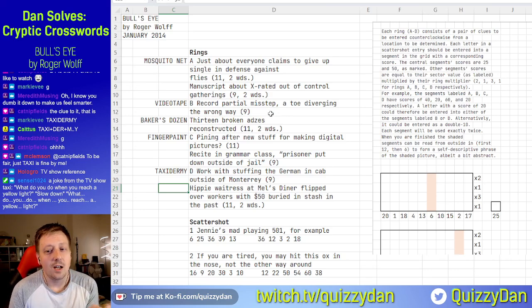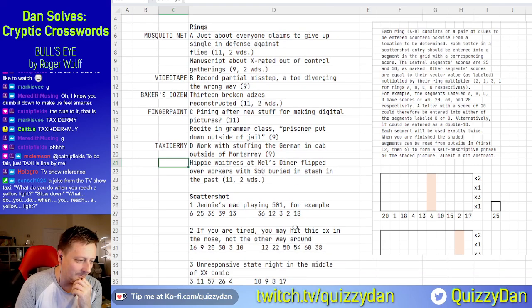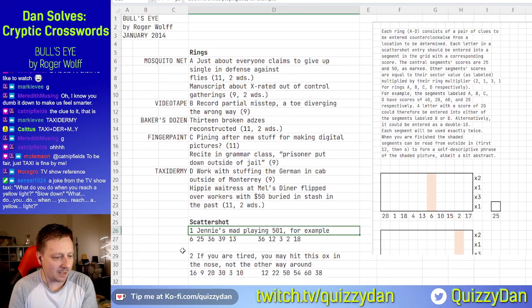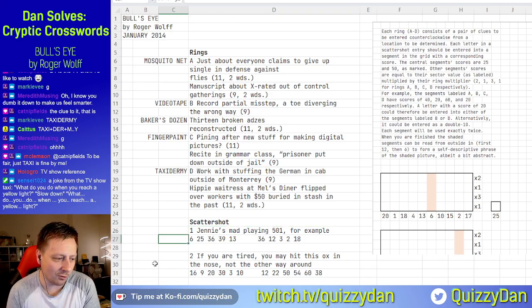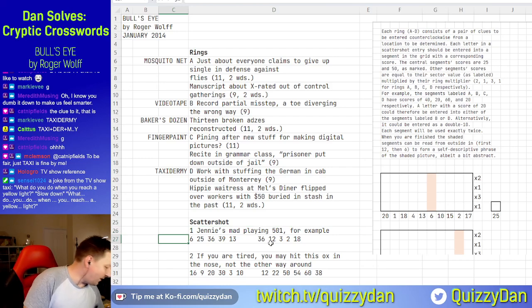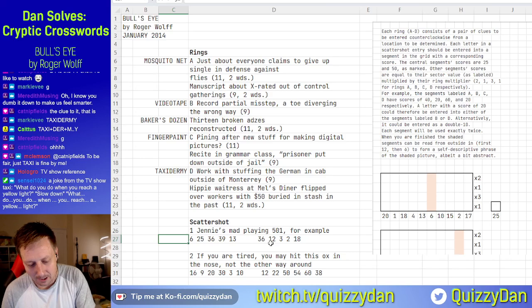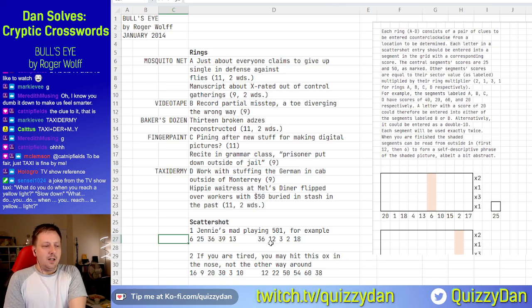Jenny's mad playing 501, for example. So we've got 5 and 5. I'm just going to bring up my paper copy for this because I think I'm going to just check that I did everything correctly. So it's 5-5.